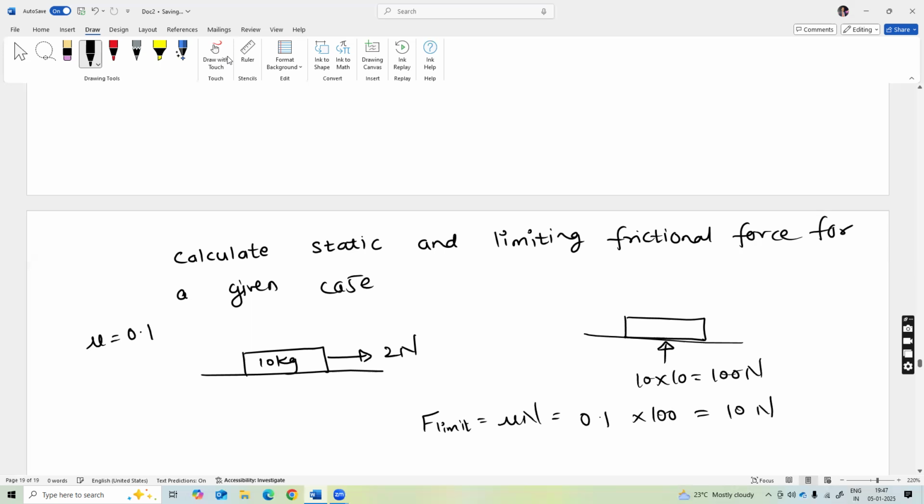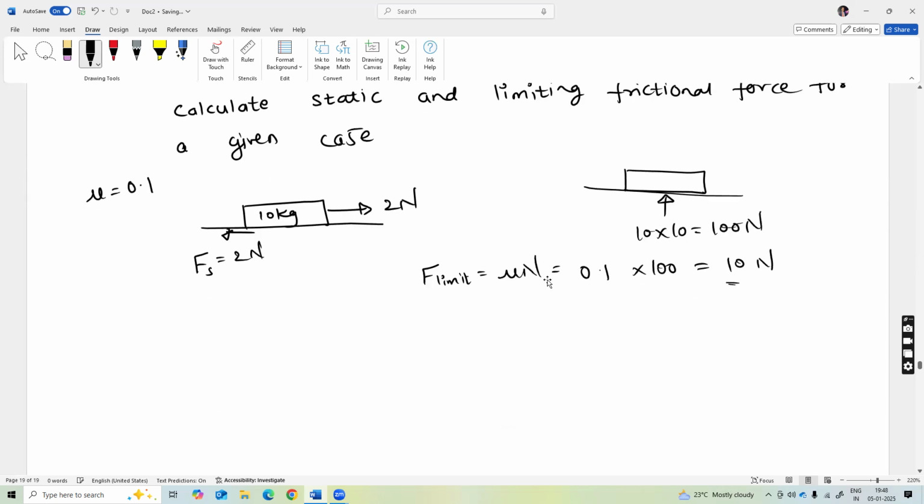Okay. So limiting frictional force is 10 Newton. So until you cross 10 Newton value, the object will not move. Therefore, if you are applying 2 Newton force, of course, there will be static frictional force of 2 Newton, which will act in the opposite direction to the applied force. So this is how you have to solve the questions.